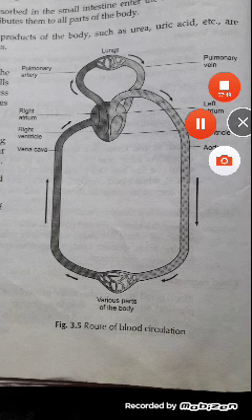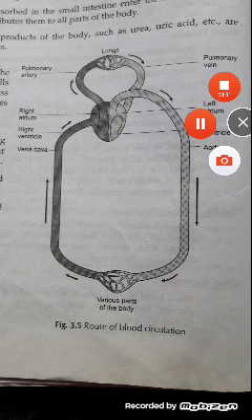Their walls have just one layer of squamous cells. These walls are permeable so that water and other dissolved substances can pass in and out, thereby exchanging oxygen, carbon dioxide, dissolved nutrients and waste products with the tissues around the capillaries.